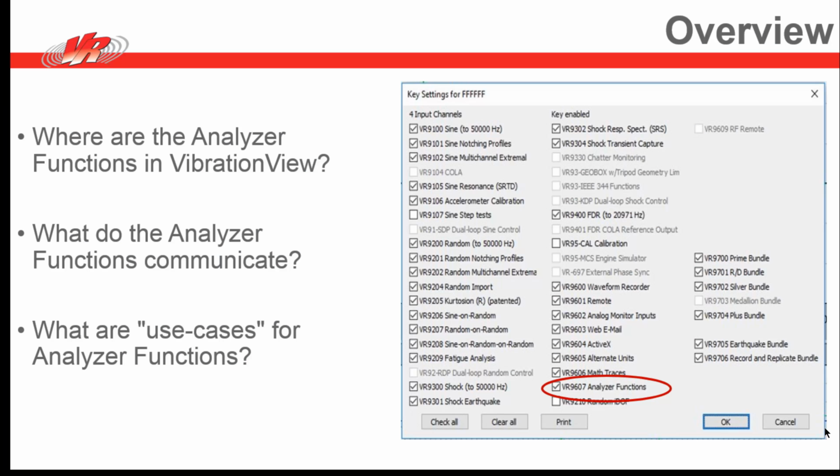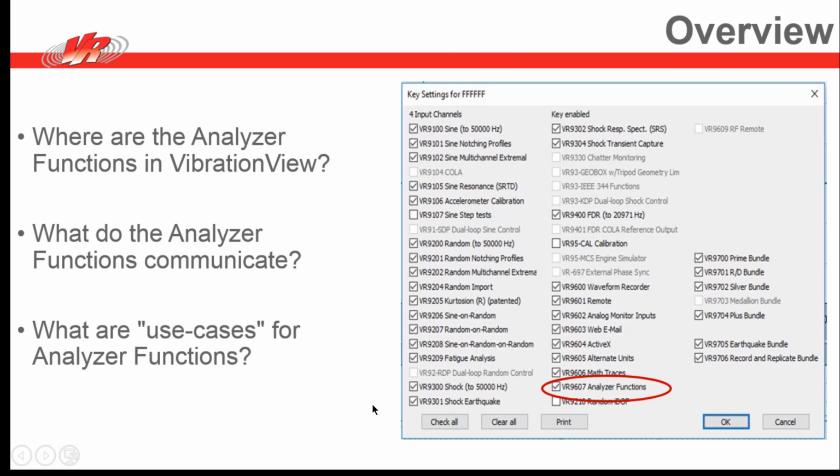Today's presentation on analyzer functions, what we'd like to do is show you where in the Vibration View software you can find the analyzer functions. On the right here is a picture of the key settings that you might have turned on, and here's the analyzer function key.